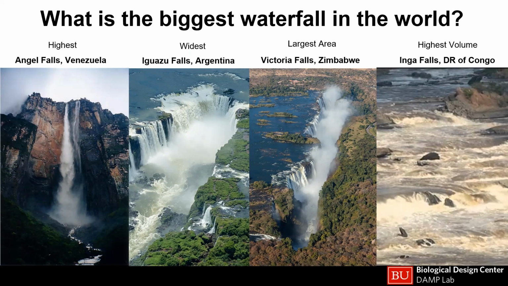You can talk about this with mountains too: are you talking about the highest from base to peak, or the highest elevation? So I think this is a good example of why language matters. Big is not a very descriptive word, or it kind of is, depending on your purpose.